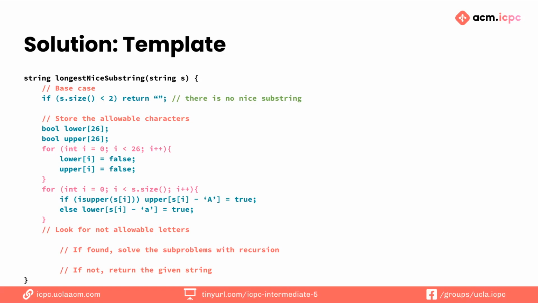What this expression basically tells us is how many positions after big A our letter is. So if the current letter S sub I is capital A, this returns 0. If it's capital C, it returns 2. So it just gives us a nice way to get the index of our array. And we do something similar for the lower array, where we subtract lowercase a instead of uppercase a.